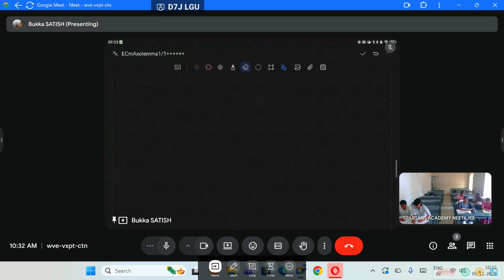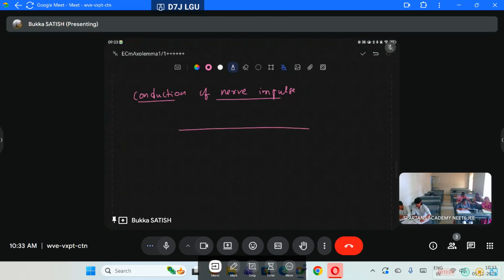Just write about the conduction. There is not much discussion about the conduction of nerve impulse in the textbook, but what actually happens is this: take point A, which is in the depolarized condition, and point B, some point I am taking, which is still in the polarized condition.